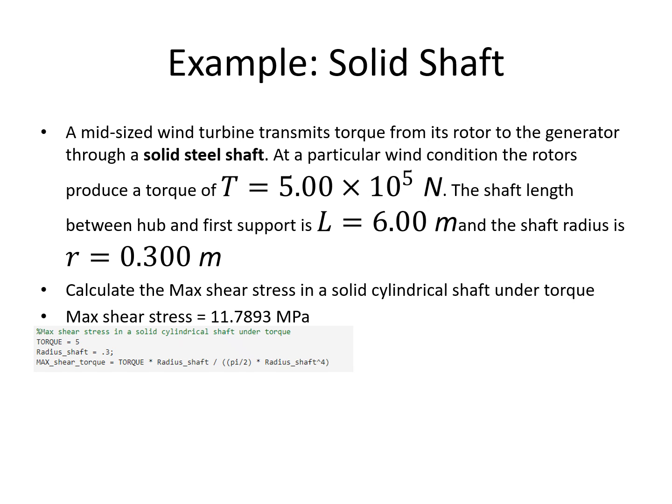The shaft has a radius of 0.3 meters. In order to calculate this, we take the torque and multiply it by the radius, and then we divide it by pi over 2 times the radius to the 4th power. This gives us 11.789 megapascals.